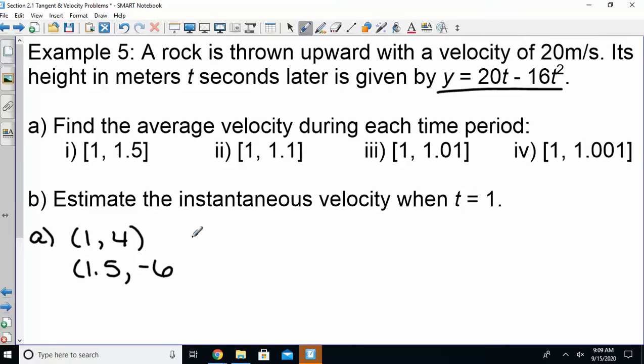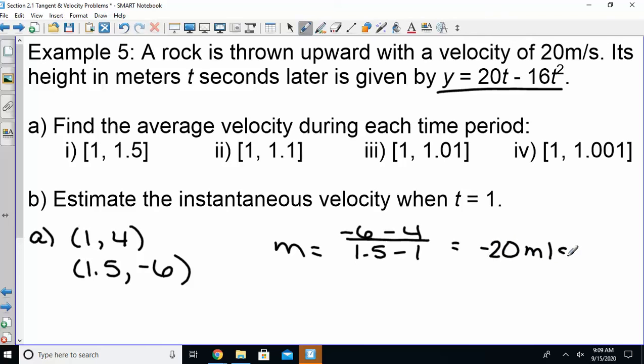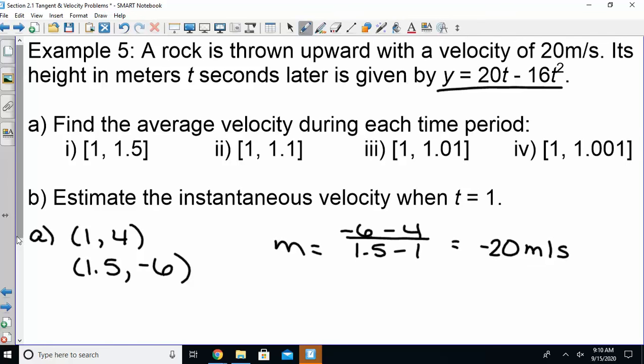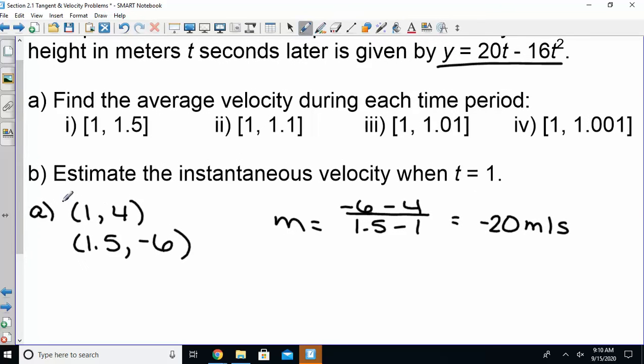And then when I say find the average velocity between them, what am I asking you to do? y2 minus y1 over x2 minus x1. So I get negative 10 over 0.5, so that's negative 20. Velocity is meters per second. Okay, so that's the first one.